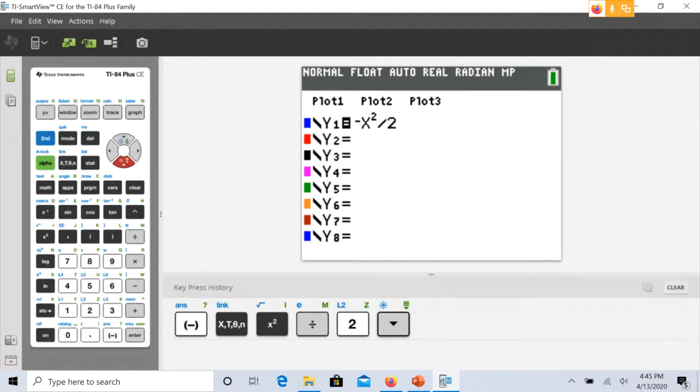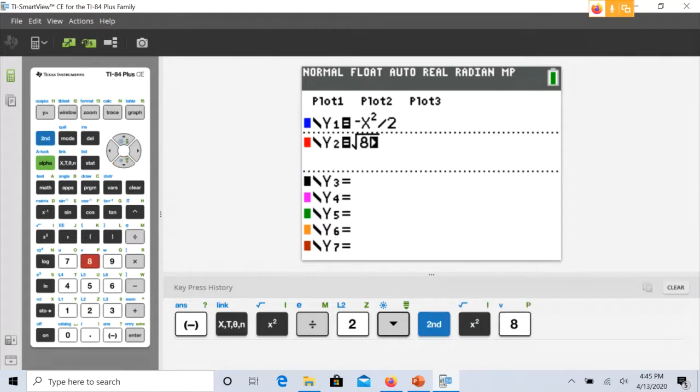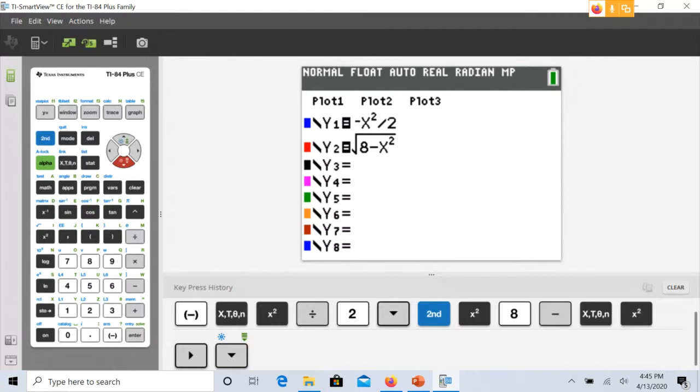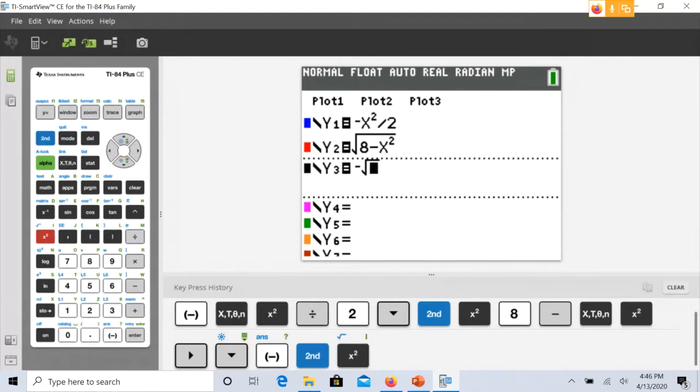For y2, we had the positive version of our square root sign. So square root of 8 minus x squared. And for y3, we have the negative version of that, negative radical 8 minus x squared.